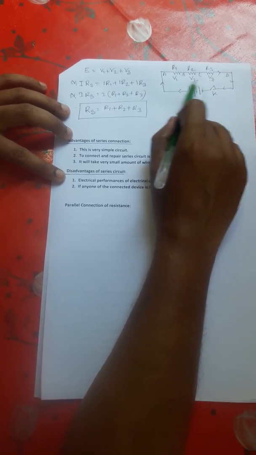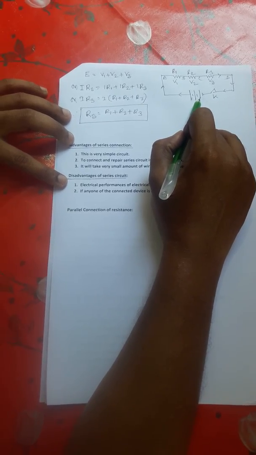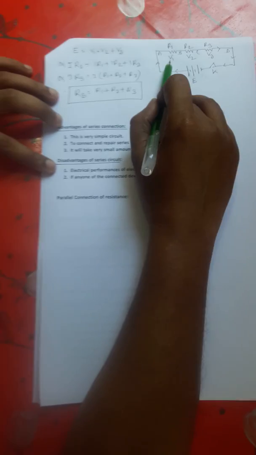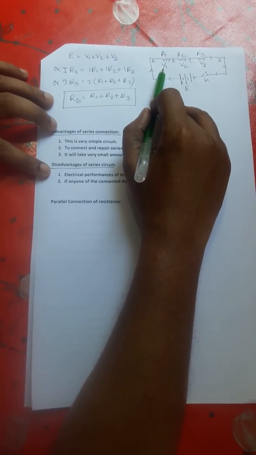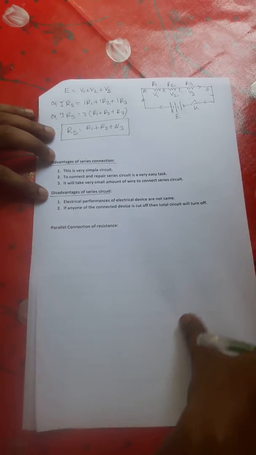If you connect these three bulb with the battery, then I can say that electrical power of first light is maximum, second light is moderate, and third light is minimum. So their electric performance are not same.